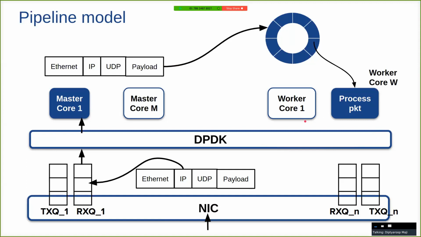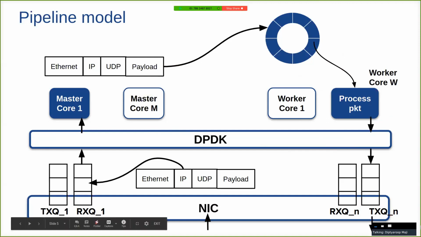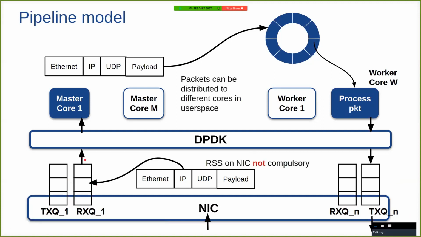So DPDK provides data structures for efficient inter-core communication. Here we can see a ring. This is essentially a doubly ended queue, which is provided by DPDK for efficient inter-core communication. So once the worker core receives these packets, it will process and then send them out. Any other packet will be received by any one of the master cores.